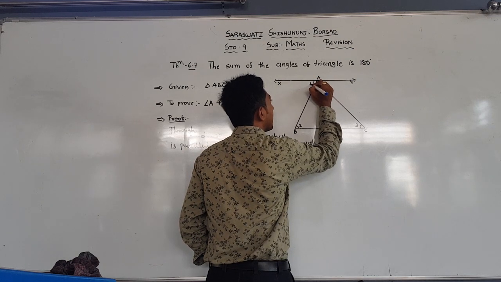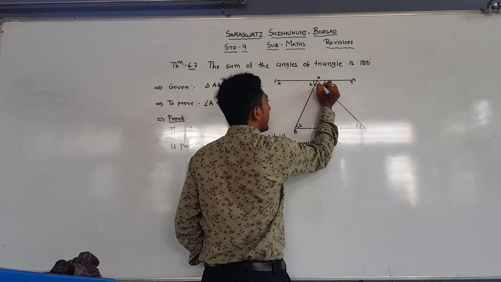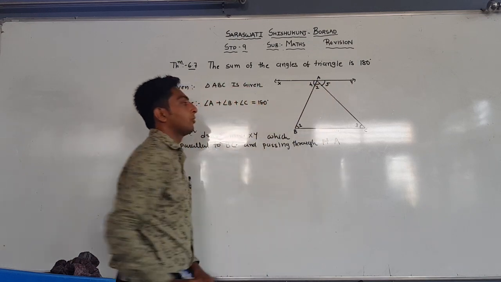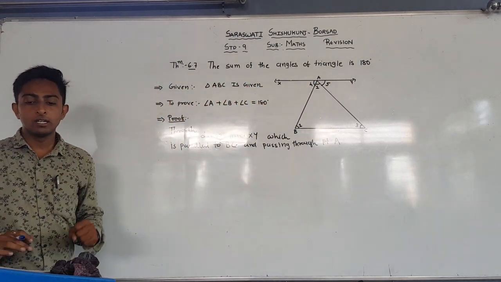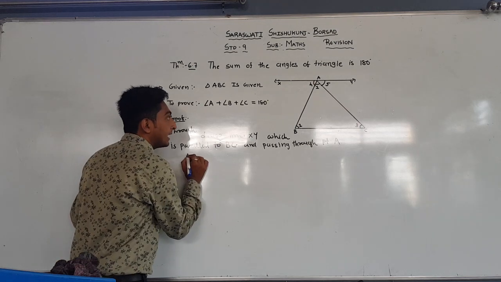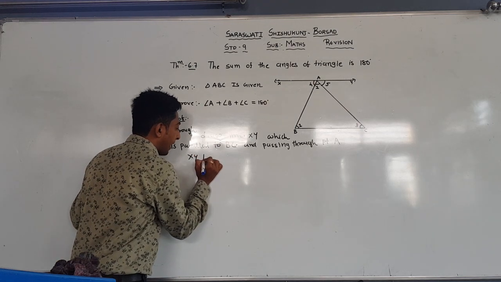I am writing this angle as 4, and this is also an angle, this is angle 5. So I have a total of 5 angles. Now, friends, can I say that XY is parallel to BC?